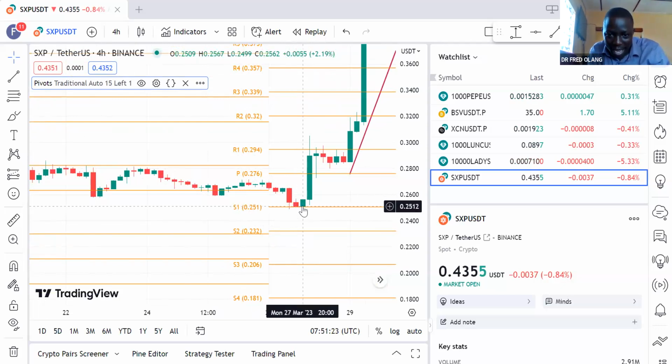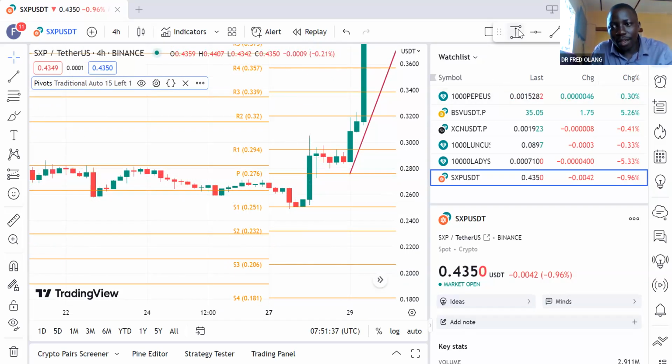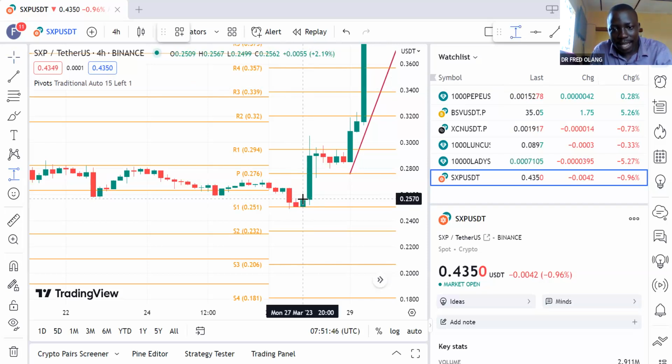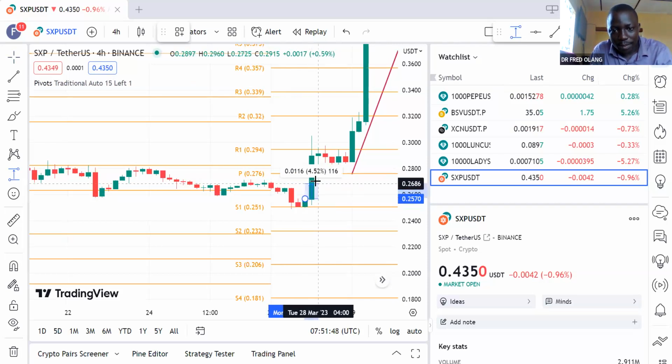This candle engulfed this. So someone who was observant would make an entry on this very candle, taking profit before the next resistance. You would enter here and take profit before this. I think you would have made 7%.